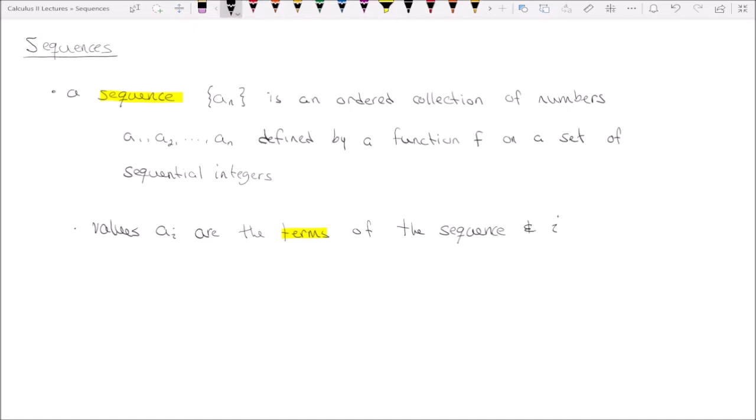And I is called the index. And A sub I is given by a formula.